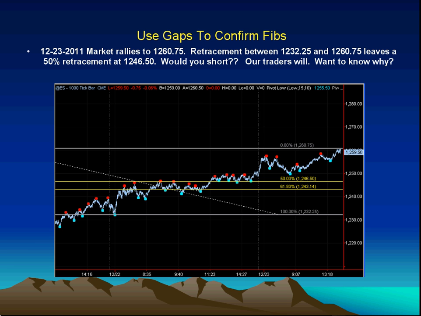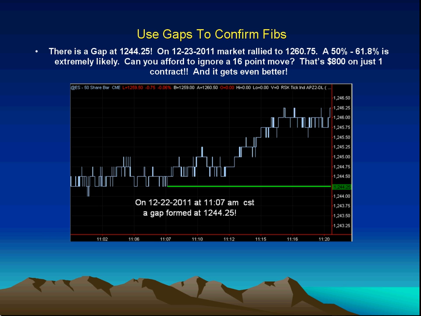Now, would you short that? Our traders will. You want to know why? There's a gap at 1244.25. On 12/22 of 2011 at 11:07 a.m. Central Time, that gap was formed.